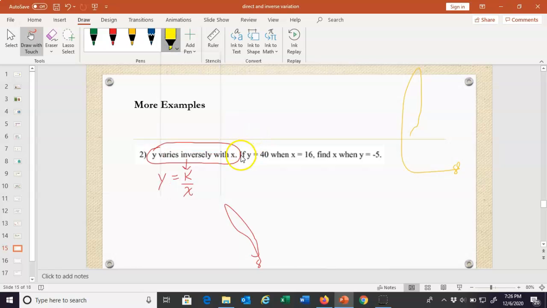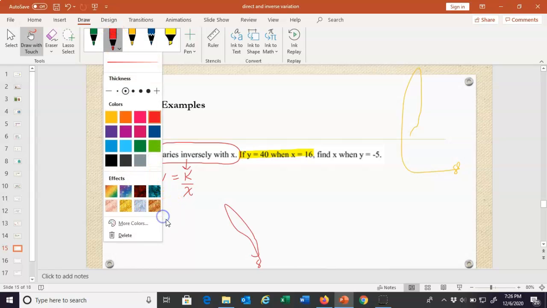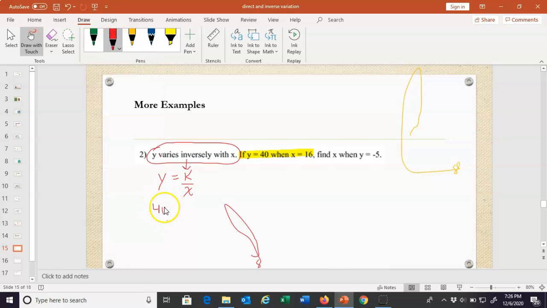So let's use the given information, y is 40 and x is 16, and plug it in. And solve for k. So remember, this is divided by 16, so we're going to multiply both sides by 16 to get rid of that.